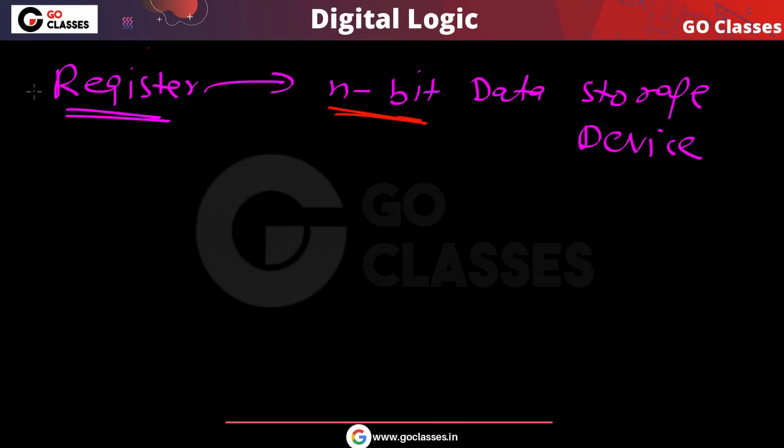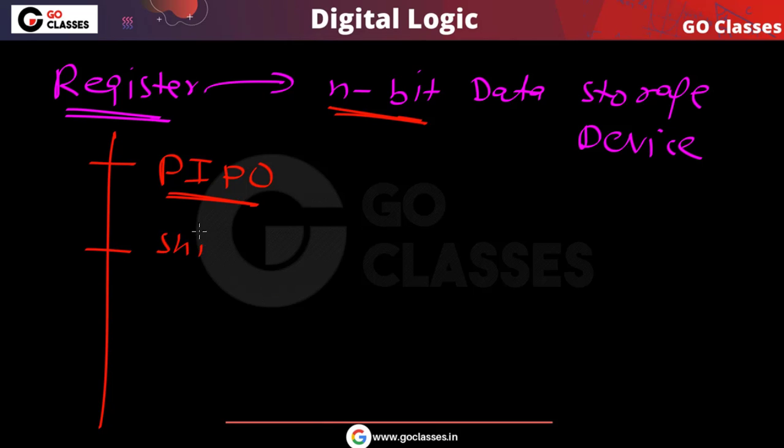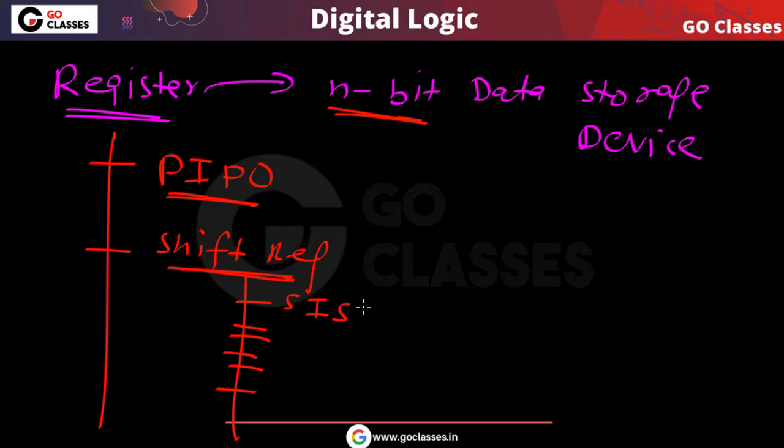And I told you how the data is moving inside the register, whether your data is moving in a serial manner or in a parallel manner. Depending on that, you have many different types of registers. You have parallel in parallel out register. You have the shift register, and in this shift register we have seen many different types: serial in serial out, serial in parallel out, parallel in serial out.